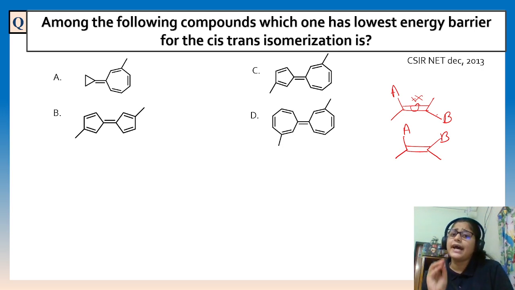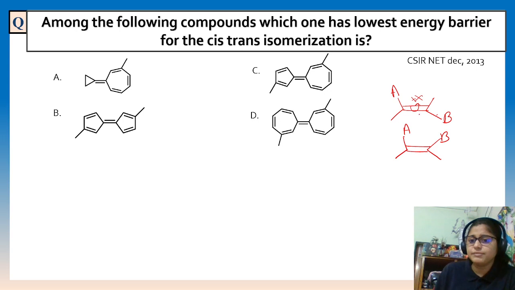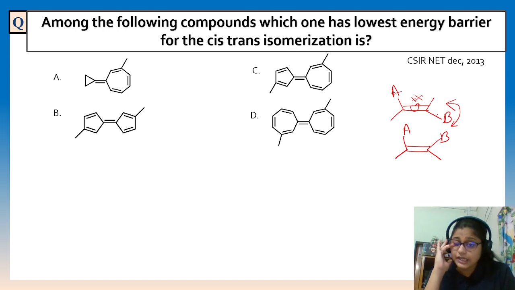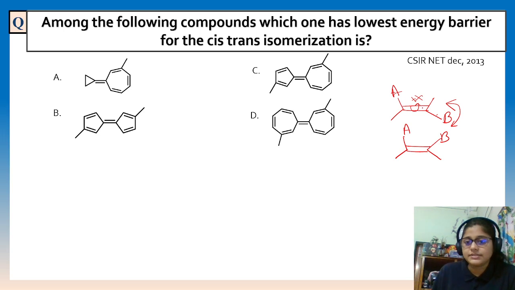So see what the question is asking. Among the following compounds, which has lowest energy barrier? So there is an energy barrier, right? Rotation is needed for the cis trans isomerism to transform to cis form. This kind of isomerization is only possible if the compound can be stable in a single bond kind of structure. If we break the double bond in the positive and negative way, it becomes a single bond, then it can rotate.